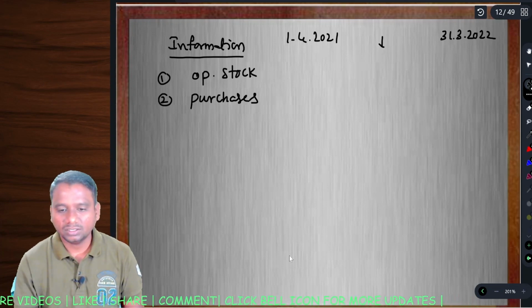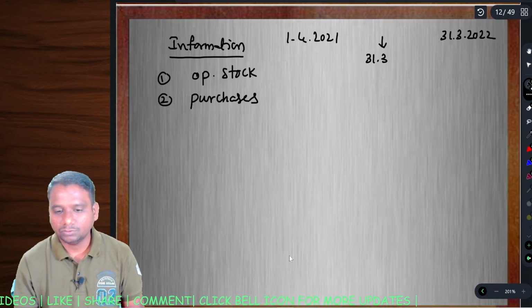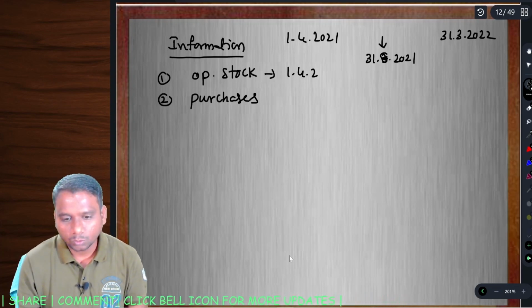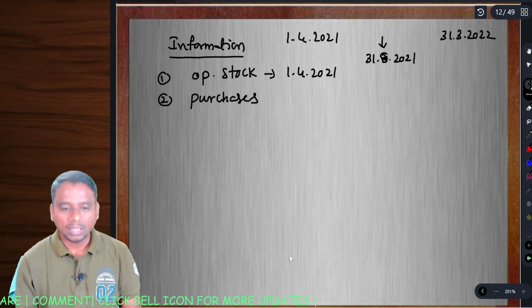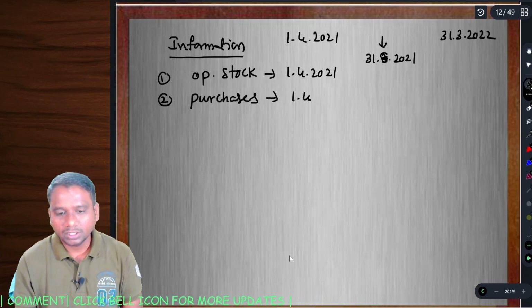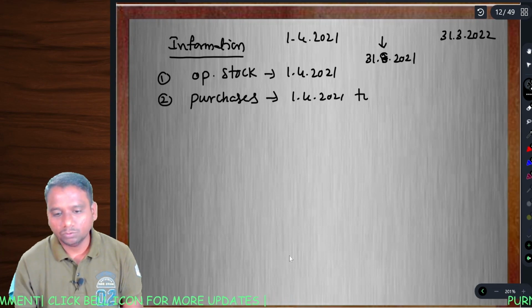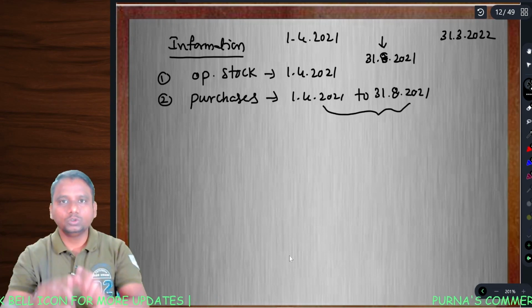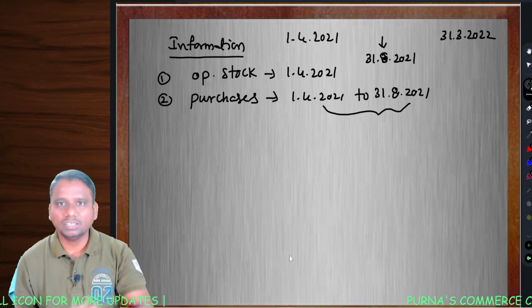On what date did the fire occur? The fire occurred on 31/8/2021. Now opening stock is on what date? 1/4/2021. Purchases are from what period? 1/4/2021 to 31/8/2021. Between these dates, whatever goods you have purchased, you should know the information.